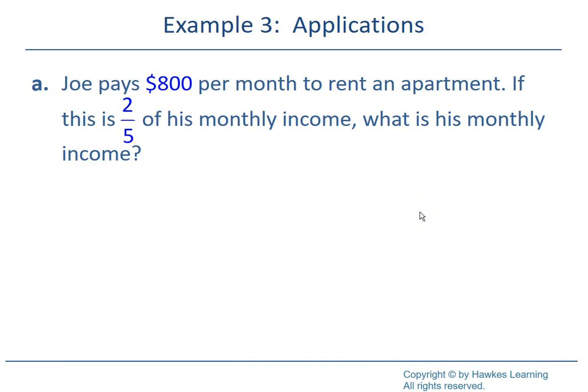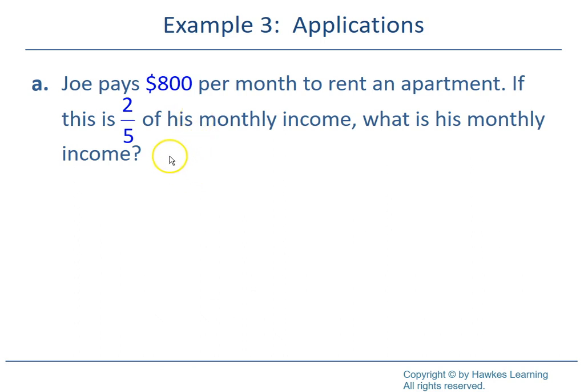Let's do an application problem here. Joe pays $800 per month to rent an apartment. If this is 2/5 of his monthly income, what is his monthly income? Well, do we know what the monthly income is?